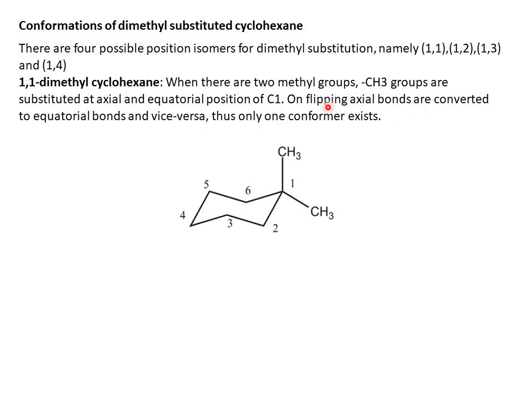Therefore, on flipping, axial bonds are converted to equatorial bonds and vice versa. Thus only one conformer exists here, because there is one axial methyl and one equatorial methyl. So we need not analyze any stability difference.